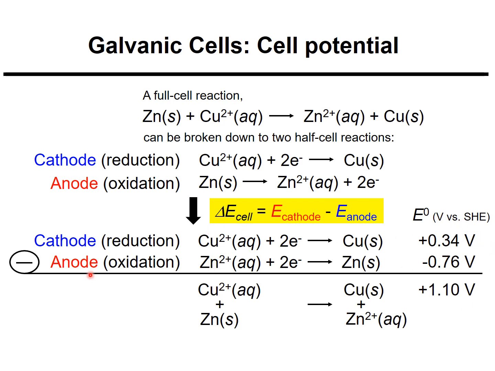You should place the minus sign here: the first equation minus the second equation. Then you can calculate the cell potential, which is cathode minus anode: 0.34 volt minus negative 0.76 volt. So you would have 1.10 volt.